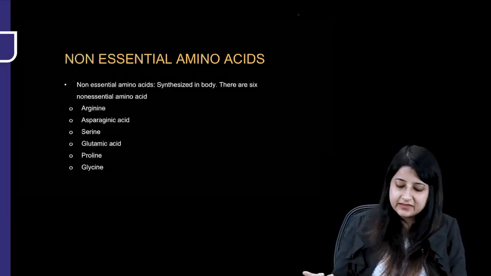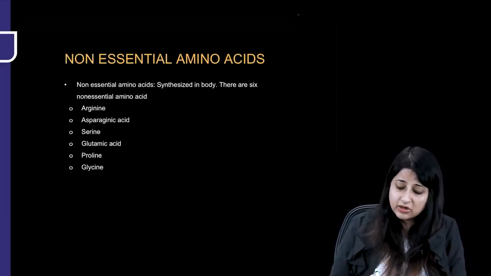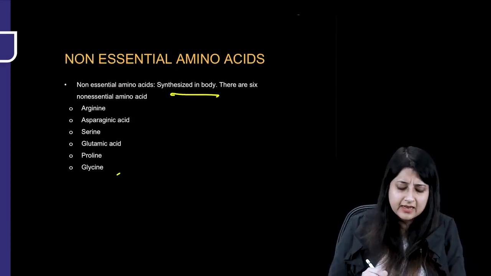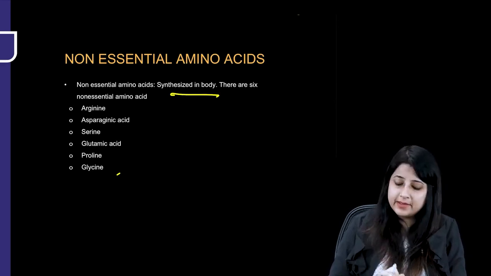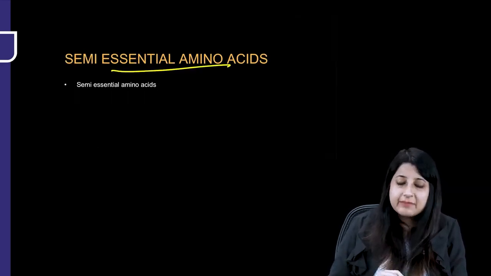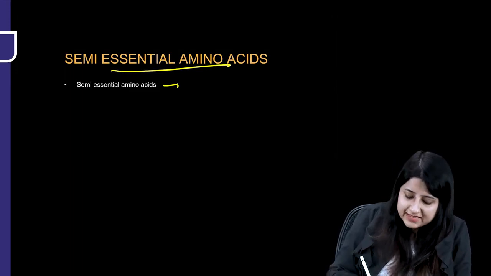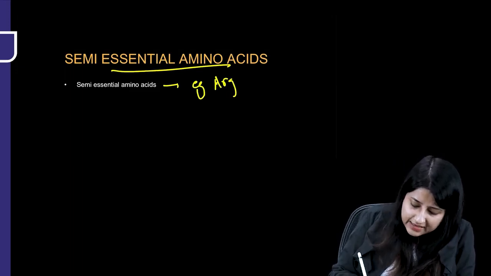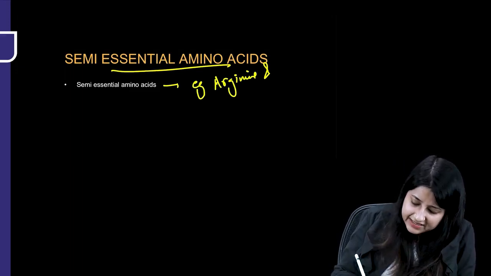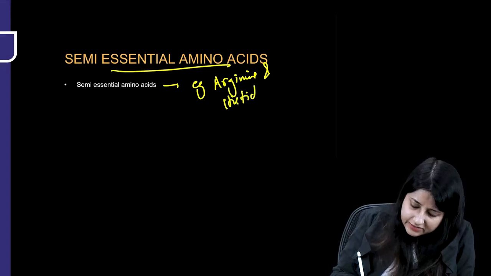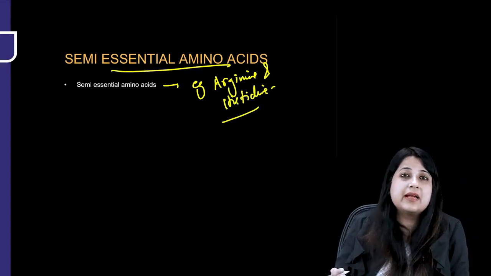The other ones, the non-essential amino acids, are synthesized in the body. More important is to remember the essential ones. There's something known as semi-essential amino acids. Examples of semi-essential amino acids are arginine and histidine, guys. What are these semi-essential amino acids?